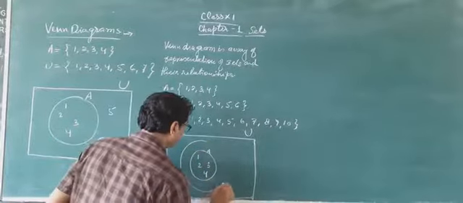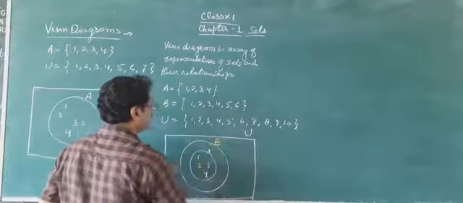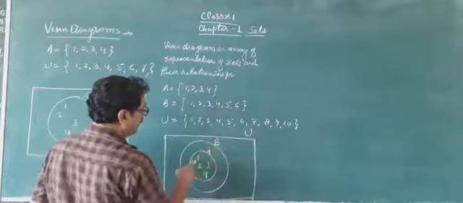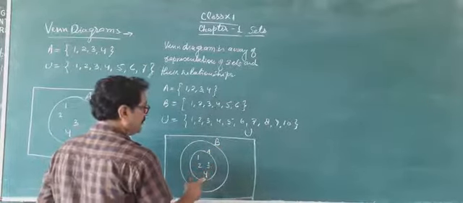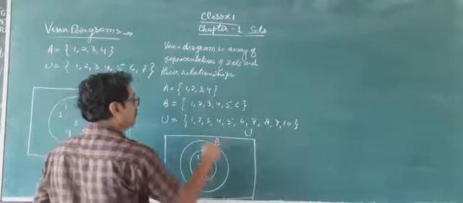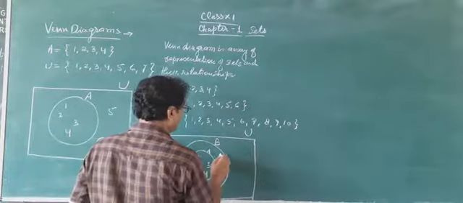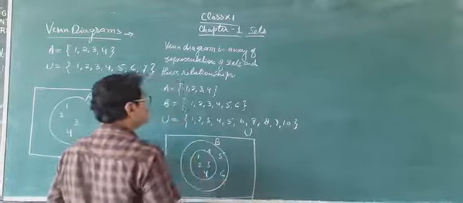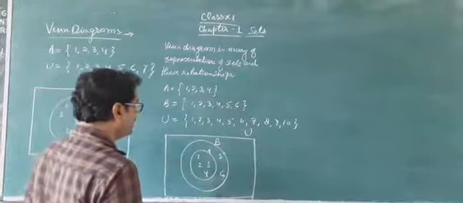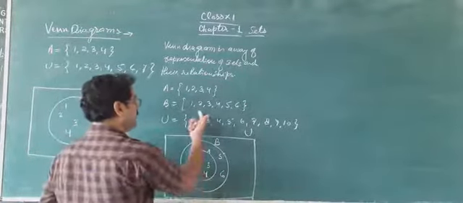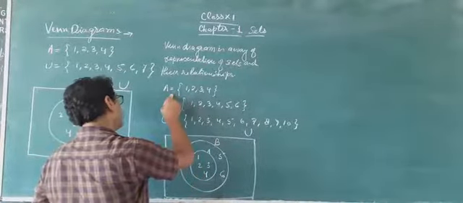So this is B. Here 1, 2, 3, 4 also belong to B, and the extra 5 and 6 are the elements which lie in B but not in A.